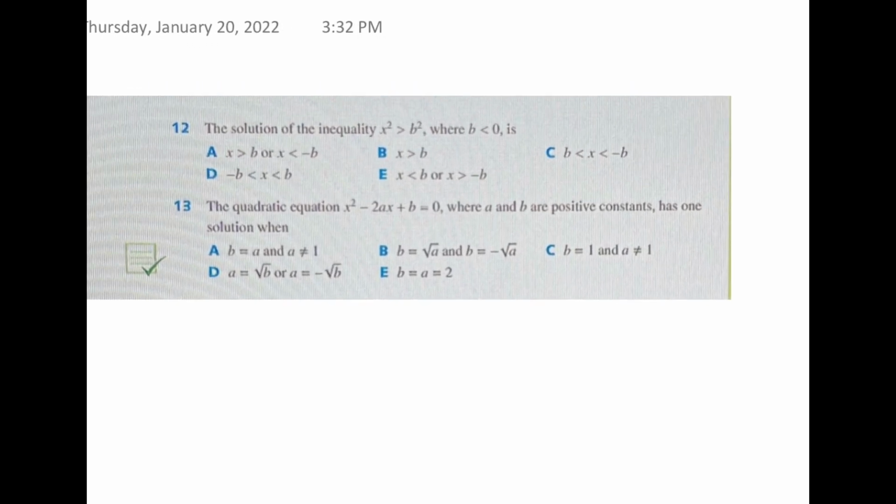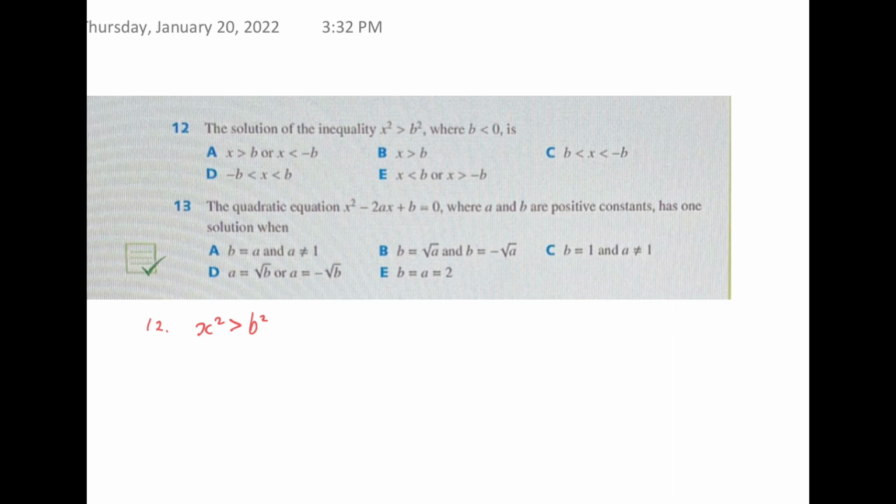Now let's look at the next page, question 12. What they said: the solution of the inequality x squared greater than b squared, where b less than 0, is, okay, so let's see how we solve the quadratic inequality.